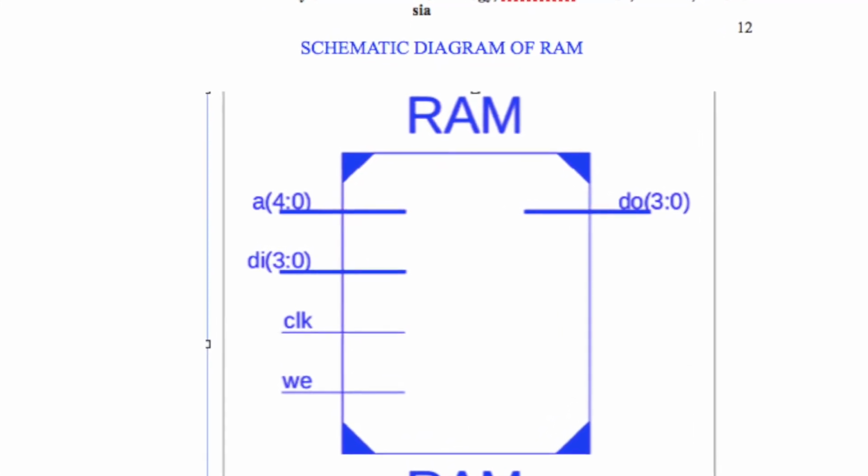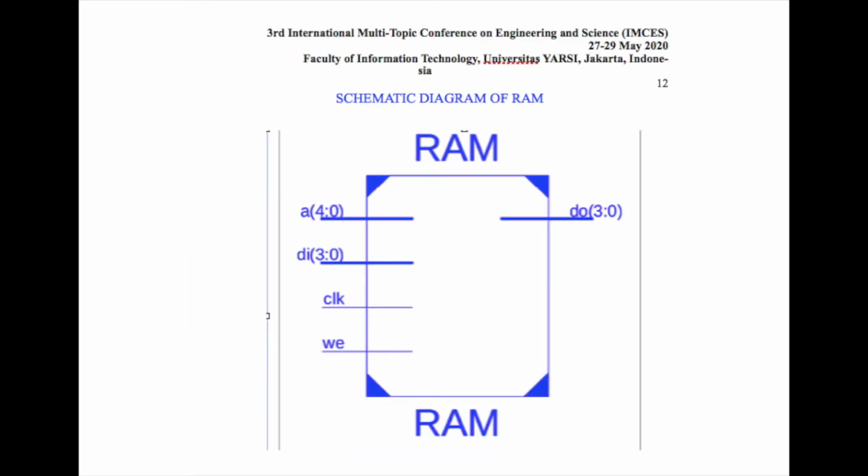Here is the schematic figure of RAM, where it's clearly visible that we have 4 inputs and 1 output. Input address as A, data inputs as DI, and clock as CLK, to determine how fast it can run and process data. We have kept our clock period cycle as 1 nanosecond, or 1 gigahertz device operating frequency.